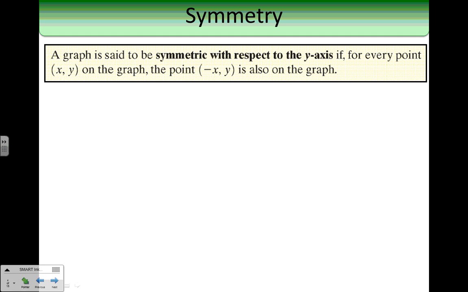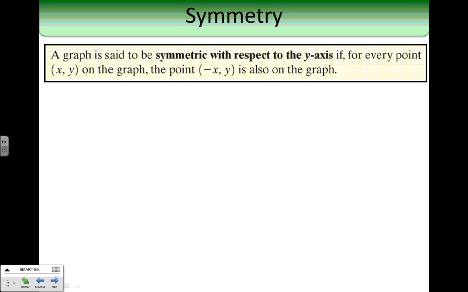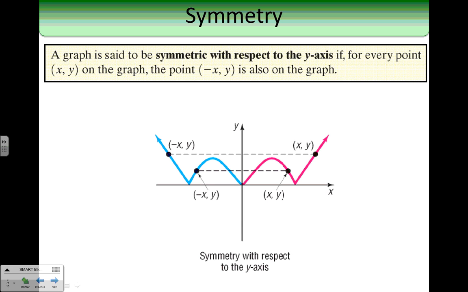If a graph is symmetric with respect to the y-axis, that means for every point (x, y) on the graph, the point (negative x, y) is also on the graph. What that looks like is that the graph is symmetrical, and the point of reflection is the y-axis.